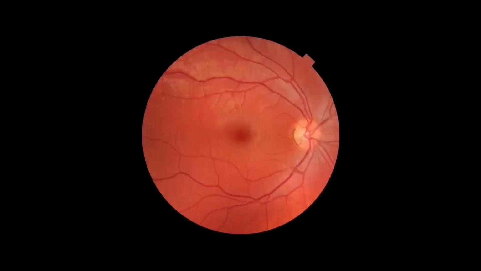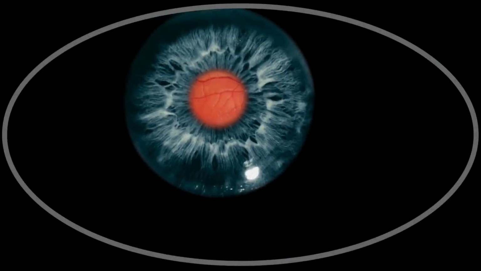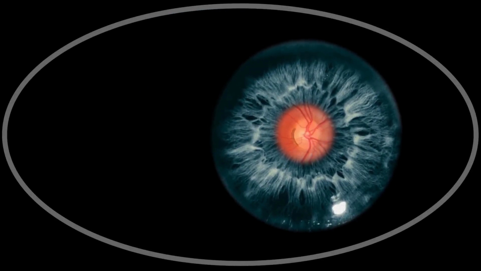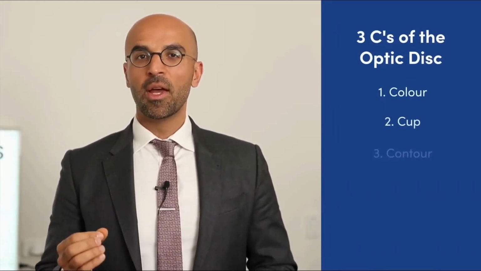Another clue is that any V shapes created by vessels point towards the optic disc. Once you find the optic disc, it will fill up most of the 10-degree view of the ophthalmoscope. Assess the 3 C's of the optic disc, which are the color, the cup, and the contour.